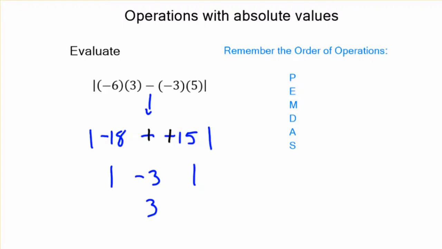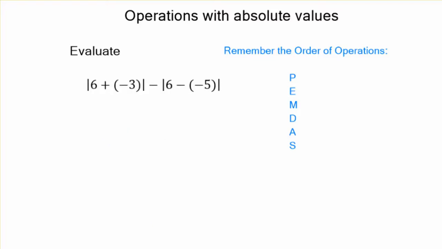And for our last one, we're going to evaluate two different absolute values, and we're going to do those first, and then we're going to subtract them. So first we have 6 plus negative 3. That's going to give us 3. And 6 minus negative 5. Remember, that's plus positive. 6 plus 5 is 11.